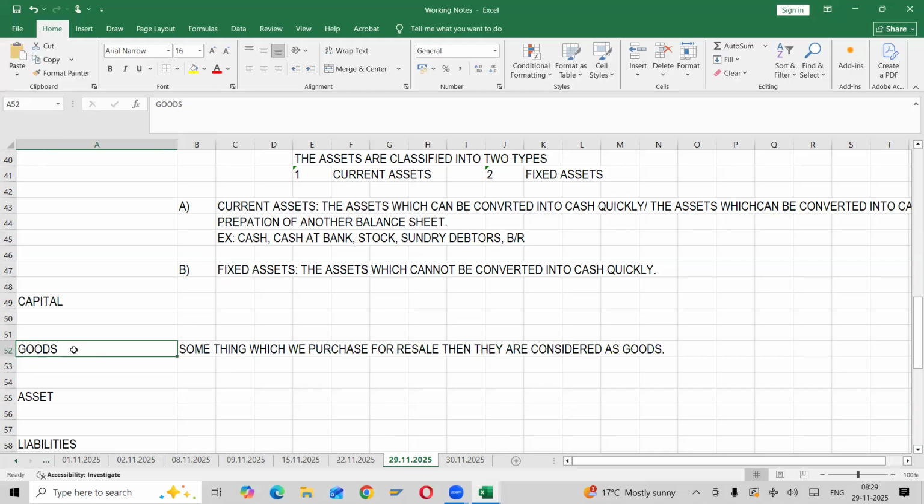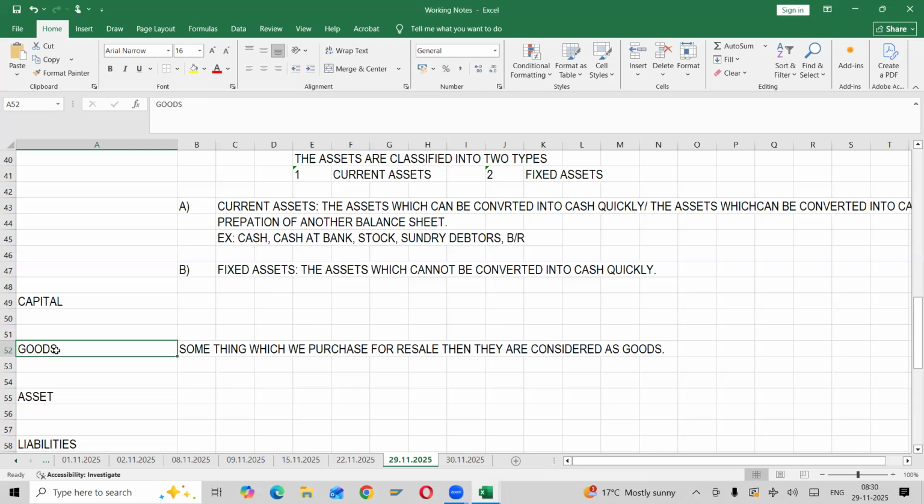Resale, so that is considered as goods. For example, a real estate owner will purchase lands and sell lands. For them, land is goods. Something which we purchase with the intention of resale, then that is considered as goods.